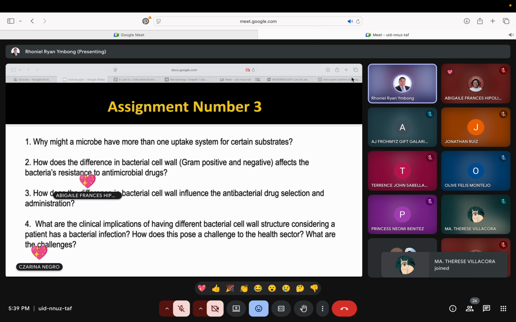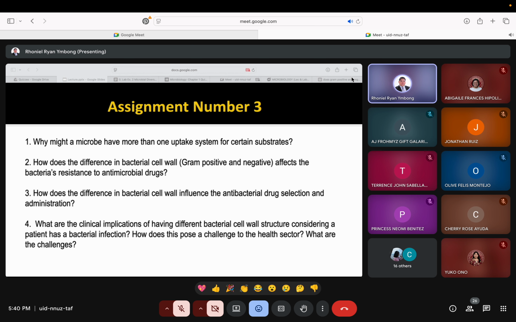So now, for your assignment, number 1: why might a microbe have more than one uptake system for certain substrates? I think you already have an idea regarding question number 1, but you just need to expound on that. Number 2: how does the difference in bacterial cell wall, meaning being gram-positive or gram-negative, affect the bacteria's resistance to antimicrobial or antibacterial drugs?